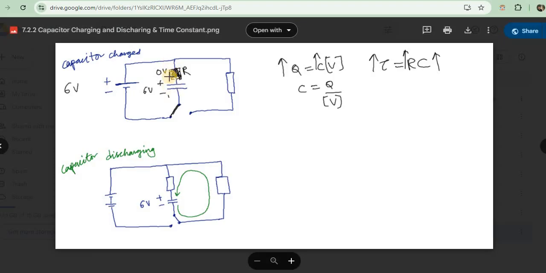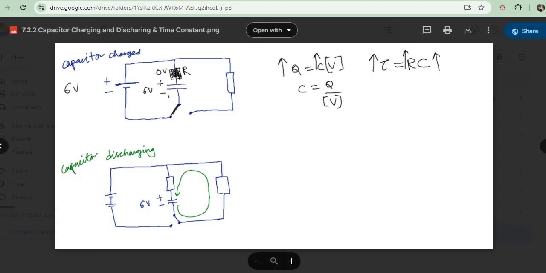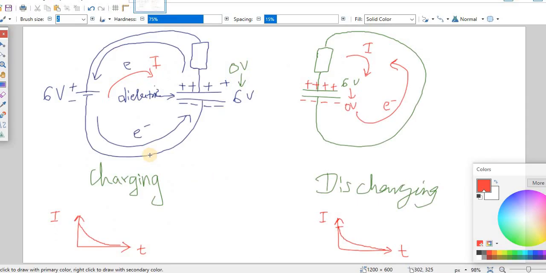The potential difference across the resistor will be 6 volts. Then with time, as the capacitor is getting charged, the potential difference across the resistor decreases to 0, and the potential difference across the capacitor increases to 6 volts. So if I want, I can also draw it here.